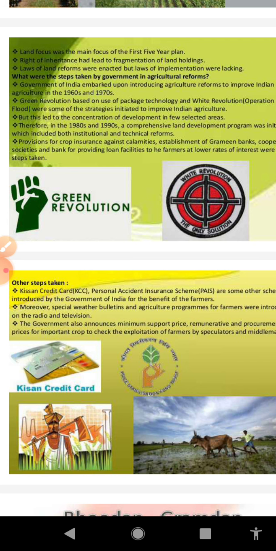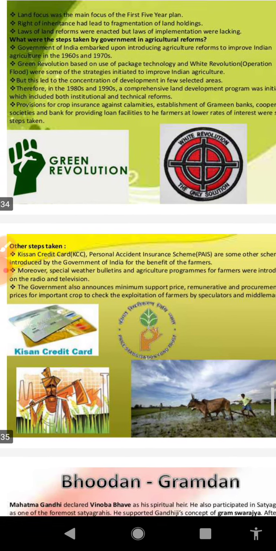Or in other words, we can say green revolution is the process with the help of which farmers have been able to increase their agricultural produce manifold by using all the modern agricultural inputs in their farms. And the use of all the modern agricultural inputs in the farms has been possible only due to the reforms which have been taken by the government of India and also the state governments.